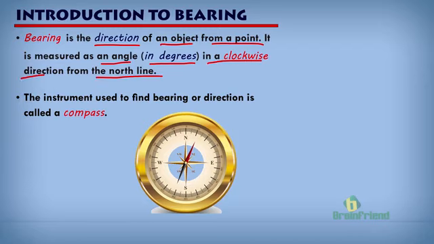Now, the instrument used to find bearings or direction is called what? A compass. We make use of compasses in finding bearings or directions. Wherever you are, you can find the bearing or the position where you are relative to someone else or something else by making use of a compass.